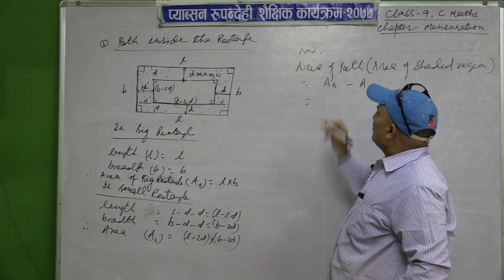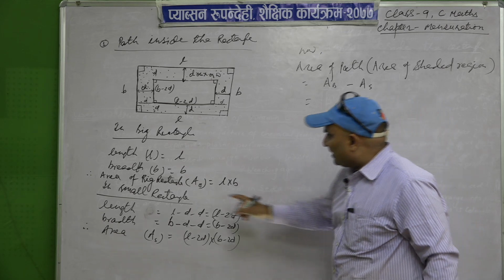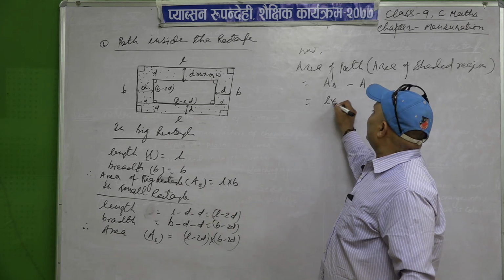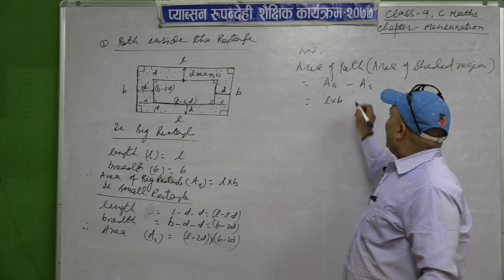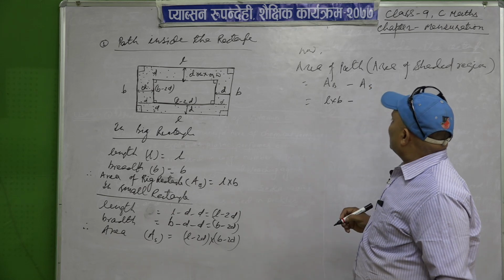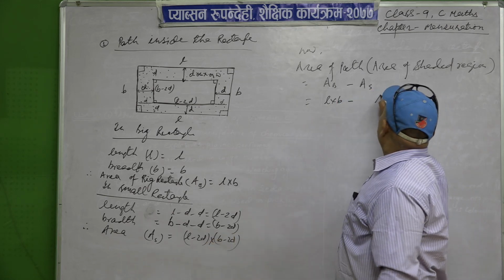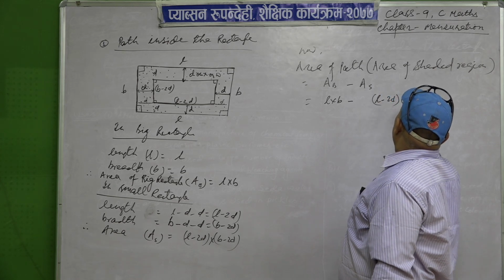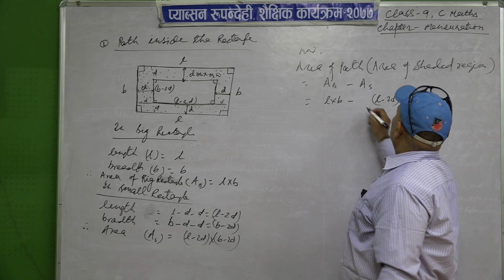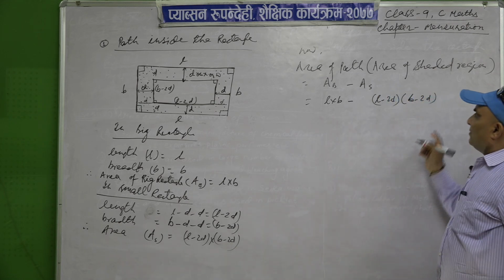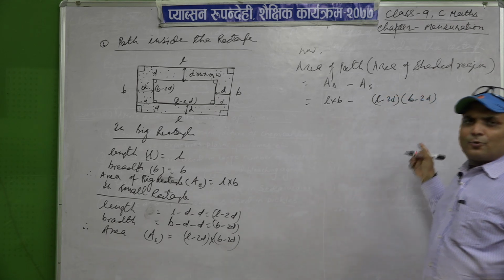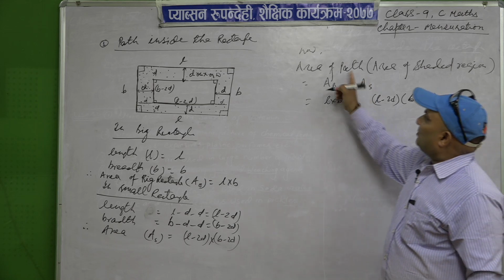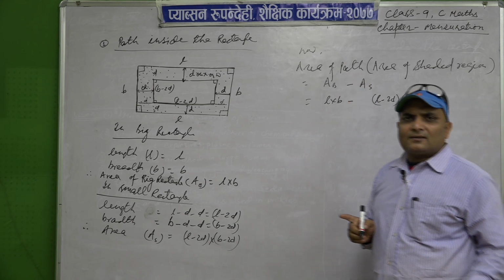Now see, the value of the area of the big rectangle is L into B, and minus the area of the small rectangle, that is L minus 2d and B minus 2d. Okay. Now after simplifying this, we will get the area of the path or area of the shaded region as a formula.